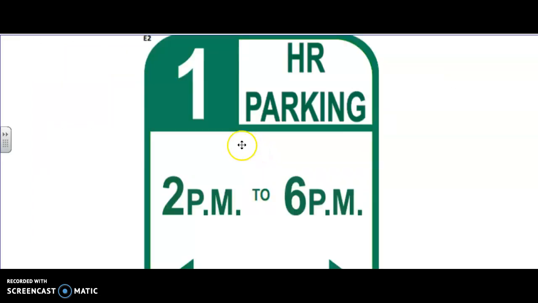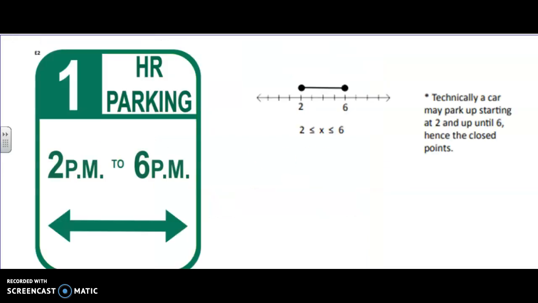Another quick example, this one says 1 hour parking from 2 p.m. to 6 p.m., meaning you would be allowed to park anytime between 2 p.m. and 6 p.m. for an hour. So we would color in between 2 and 6, both of which would have closed dots on them, meaning 2 would be allowed, 6 would be allowed.